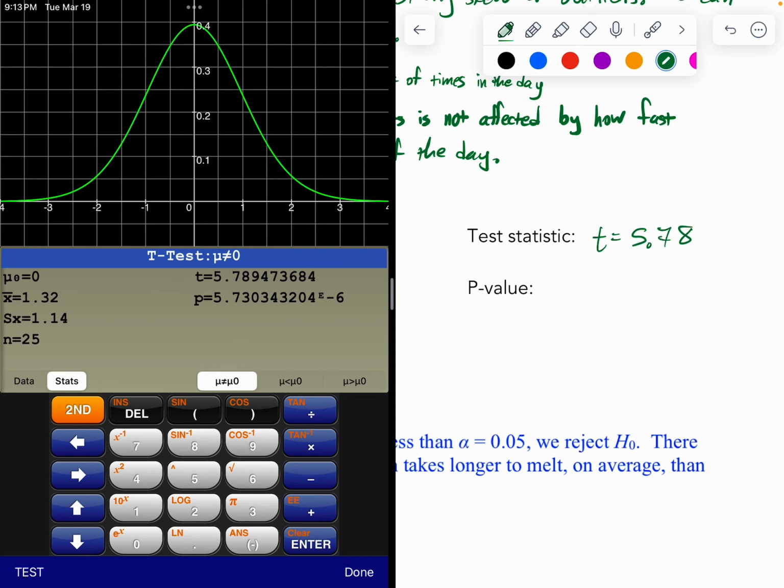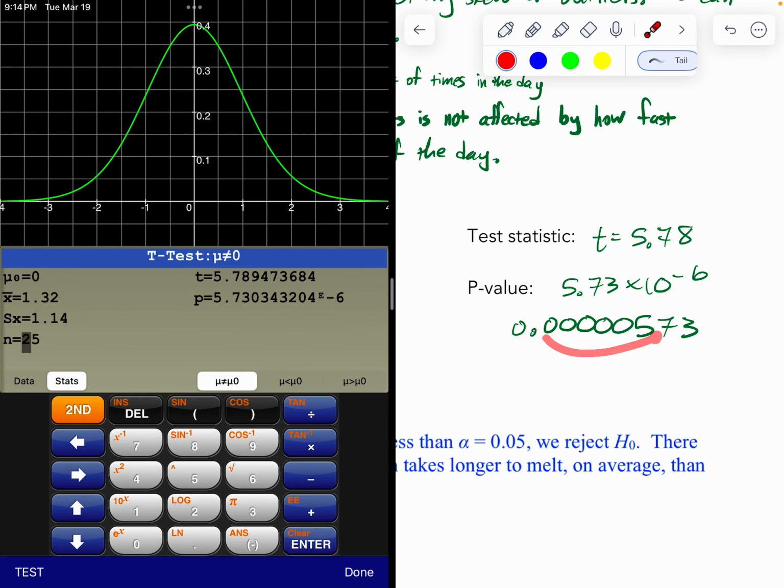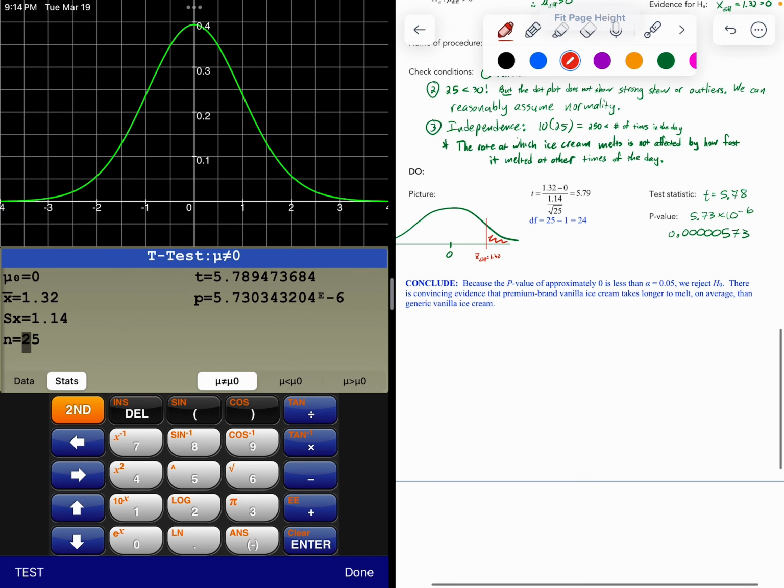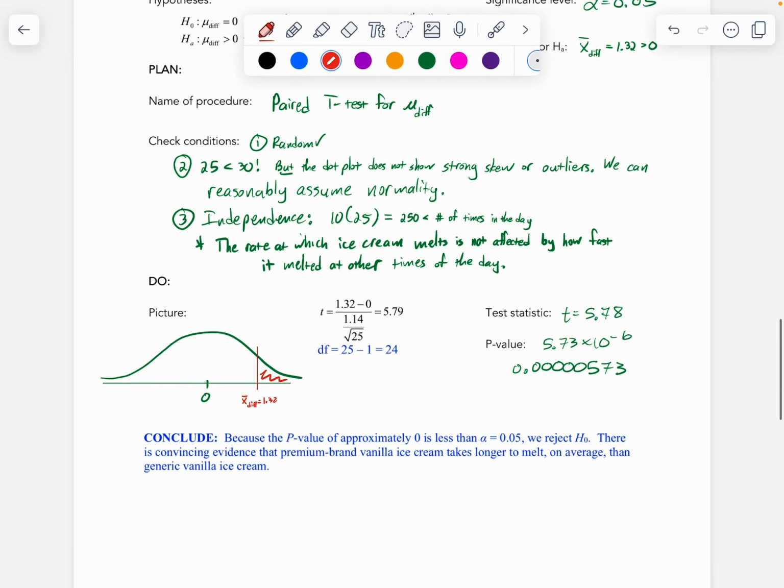And remember, the p-value here is in scientific notation, folks. So it's actually 1, 2, 3, 4, 5, 6 zeros like that. Not zeros, like the decimal was right here, and I moved it 6 places over. There we go. Okay, my p-value is tiny, so what does that mean?